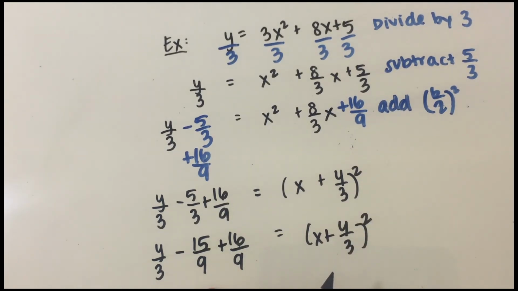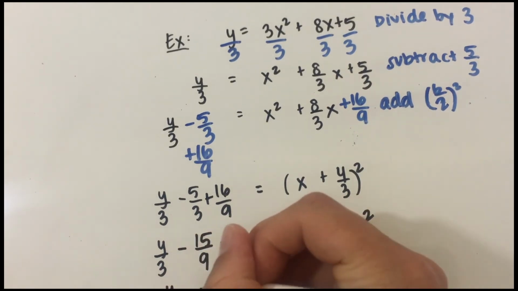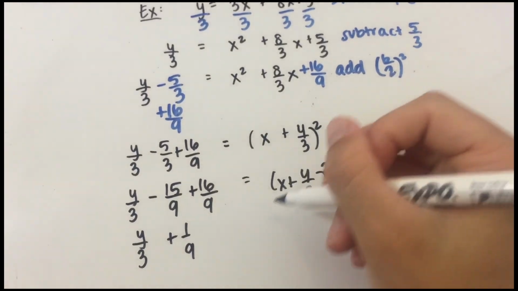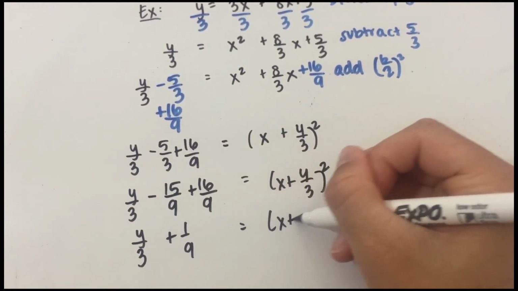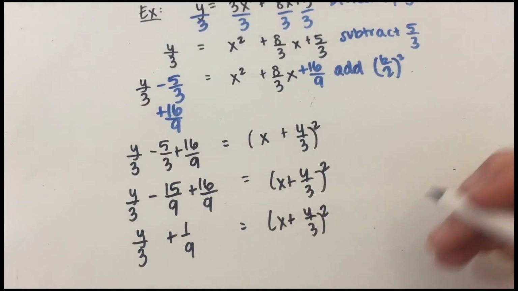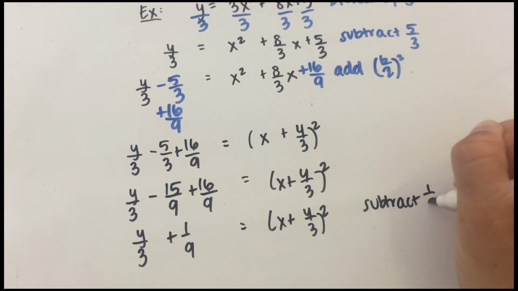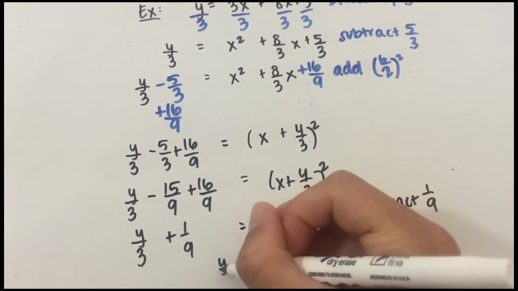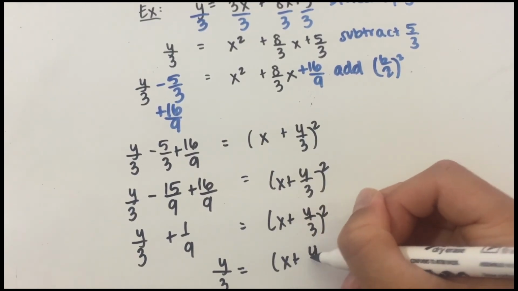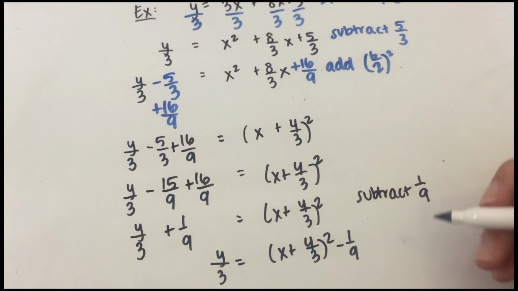So 16 minus 15 is 1, so I get y over 3 plus 1 over 9 equals x plus 4 over 3 squared. Now I'm going to subtract 1 over 9. So I get y over 3 equals x plus 4 over 3 squared minus 1 over 9.